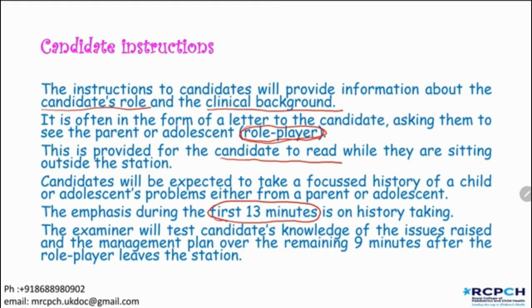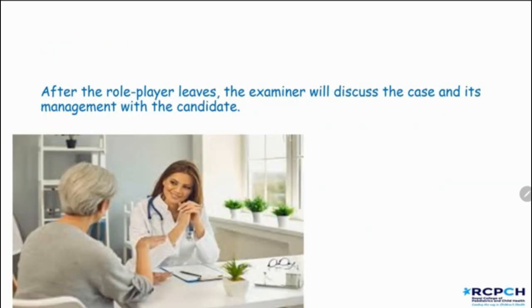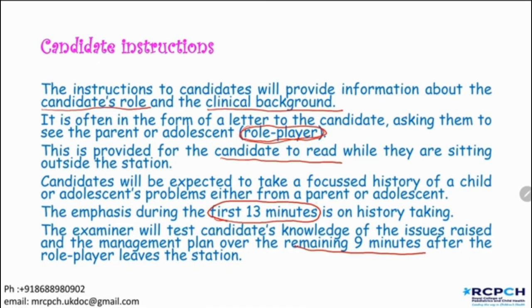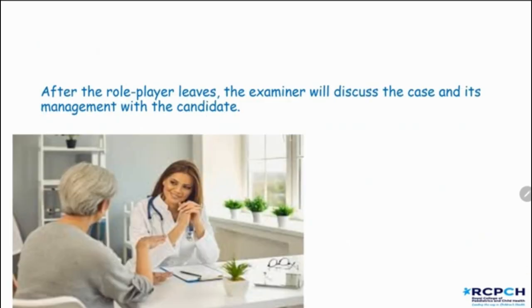For the remaining 9 minutes, the candidate is supposed to summarize the history and discuss the management plan with the examiner. At the end of the 13 minutes, the role player will leave the room, and the examiner will discuss the case and its management with the candidate.